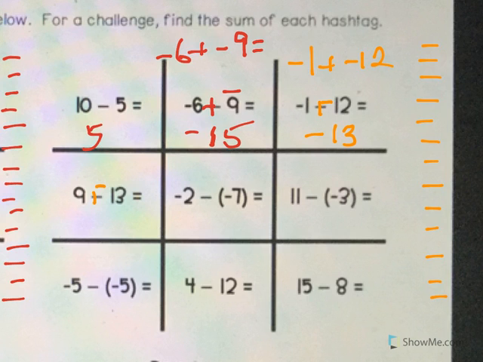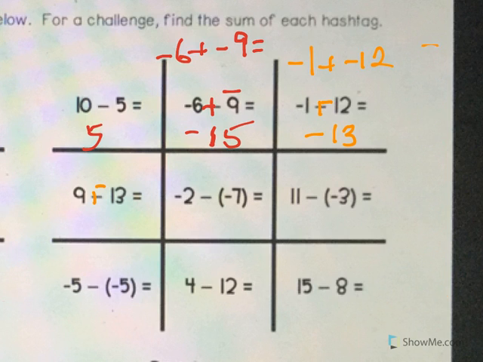So that means now I am going to erase these, and I'm going to show you if I have 13 negatives, 1, 2, 3, 4, 5, 6, 7, 8, 9, 10, 11, 12, 13, and I have 9 positives, 1, 2, 3, 4, 5, 6, 7, 8, 9.